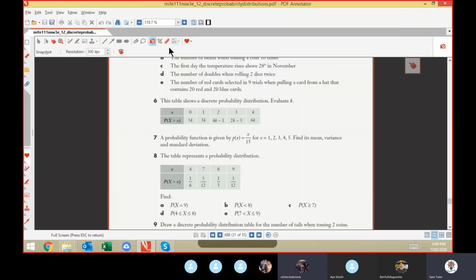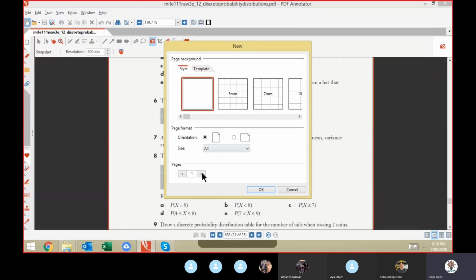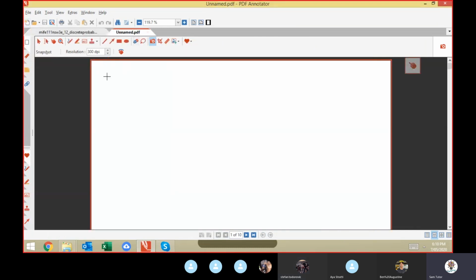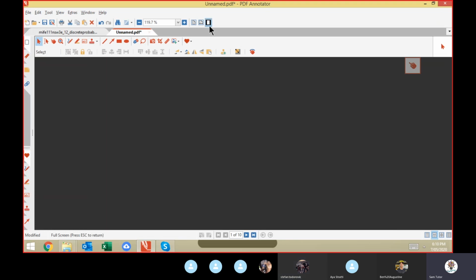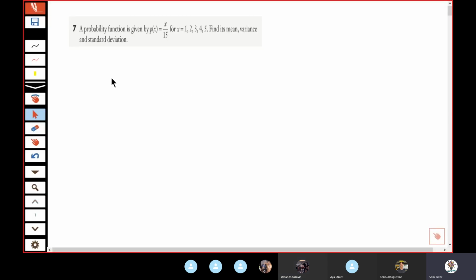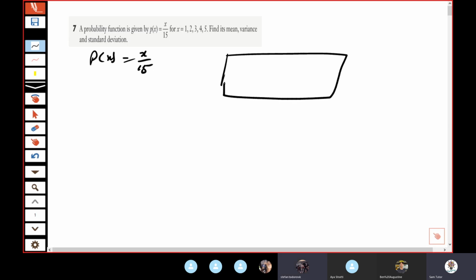For this, find the mean, variance, and standard deviation. The standard deviation is the square root of variance. So you have the probability function, P of x, which equals x on 15, for x is 1, 2, 3, 4, 5.